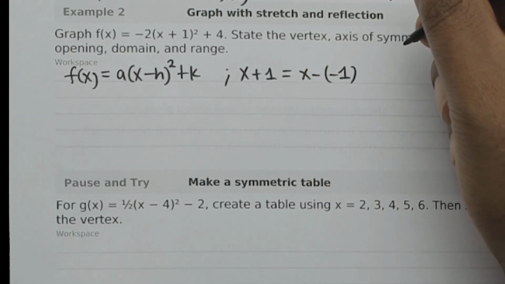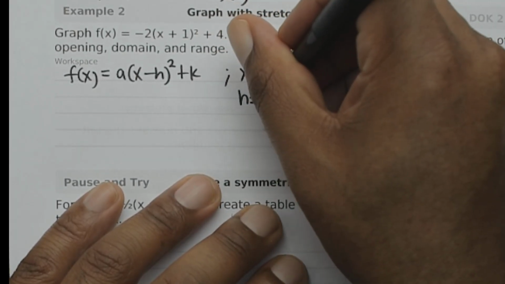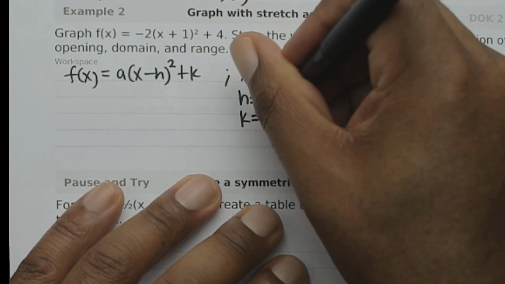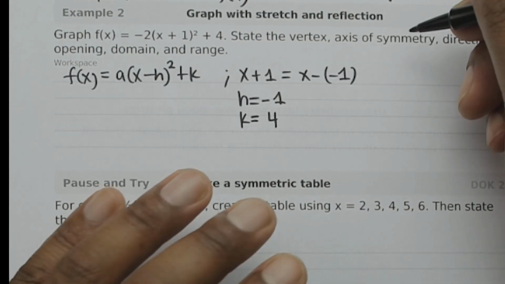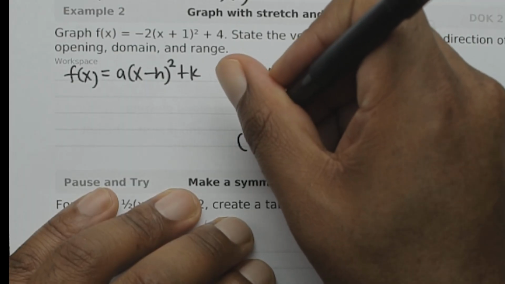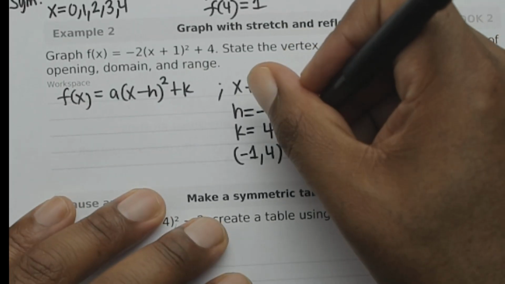That's what that means. So this tells me that h is going to be -1 and k is going to be +4 per this equation. So the vertex is (-1, 4). That's the vertex.